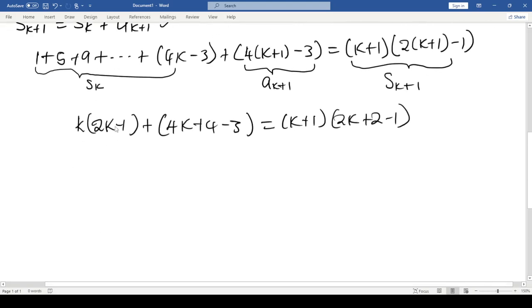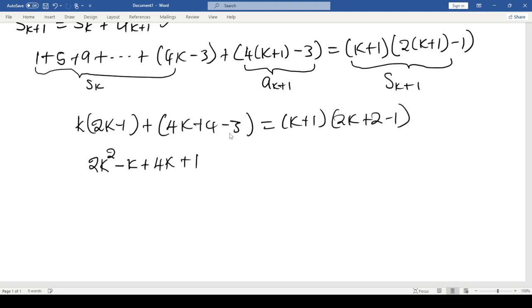So here, if we distribute this k throughout here, we're simply going to have 2k squared minus k plus, we get rid of the brackets here, so that's going to be 4k plus 1, because 4 minus 3 is just basically 1 there, being equal to this side. For now, let's keep it the way it is. So we have 2k there, so 2 minus 1, that's going to be plus 1 like this here.